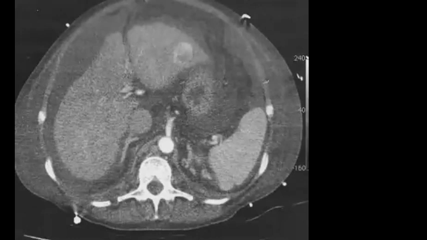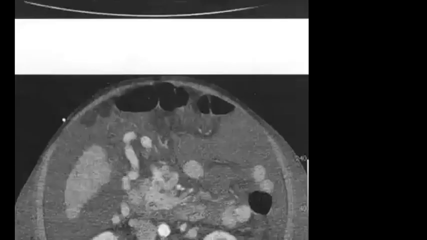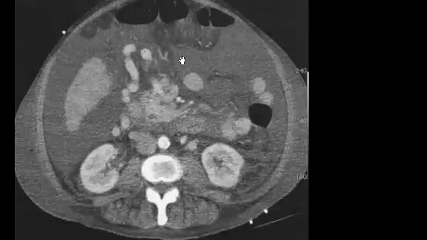So based on the liver cirrhosis picture and ascites, the probability of this focal lesion being HCC will be the first possibility. Just to check the images, you need to mention in your report the collaterals.